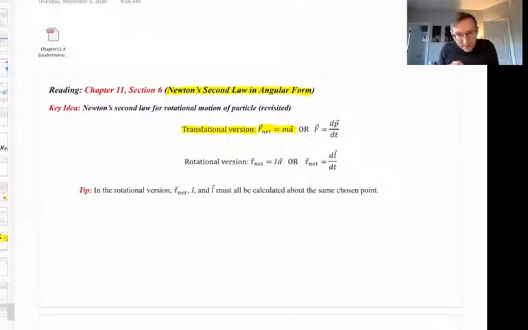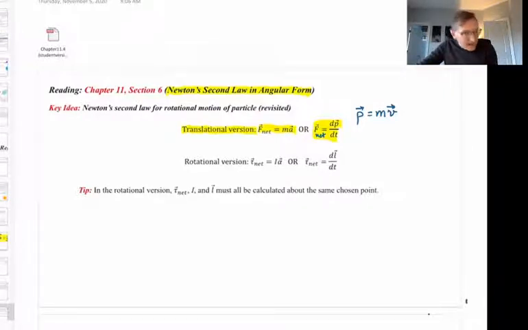But then we learned a little bit later that using the concept of linear momentum of a particle of mass m and velocity v, you could write Newton's second law as F net equals dp dt, the derivative of the linear momentum with respect to time, or the rate of change of the linear momentum.